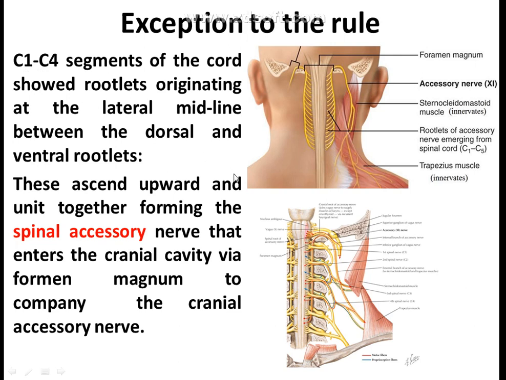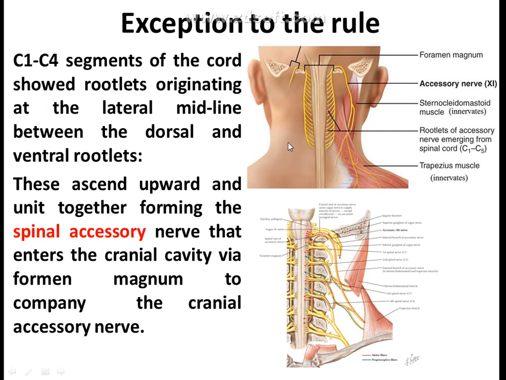Here you have ventral rootlets forming the ventral root and dorsal rootlets forming the dorsal root. But in addition to these, segments from C1 to C4 of the spinal cord show mid-lateral rootlets.